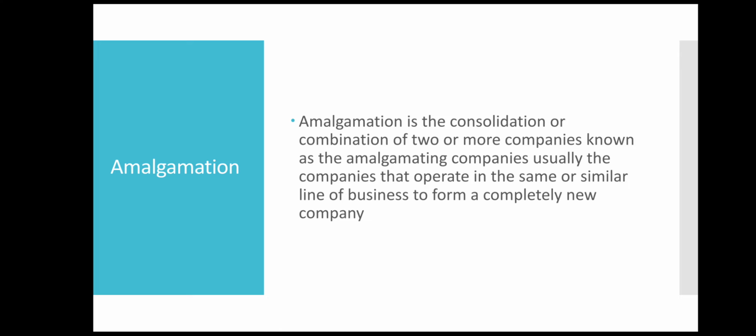So in case of amalgamation, two companies which are doing the same business come together and start a new company. Both these existing companies close down their business and now they start a new company. Then it is called as amalgamation.